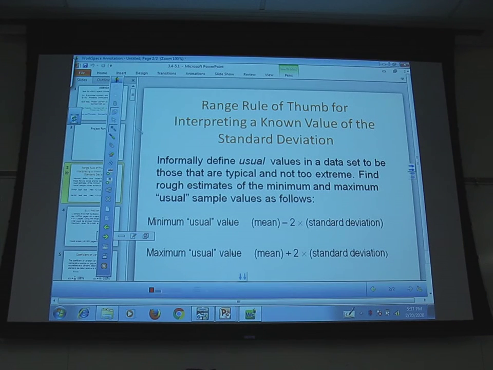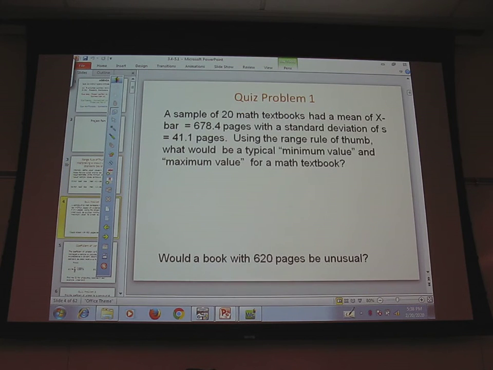How about Alyssa? Go ahead and read. Good. So this was your quiz, quiz problem 1. You need to figure out how to find the things that are important.